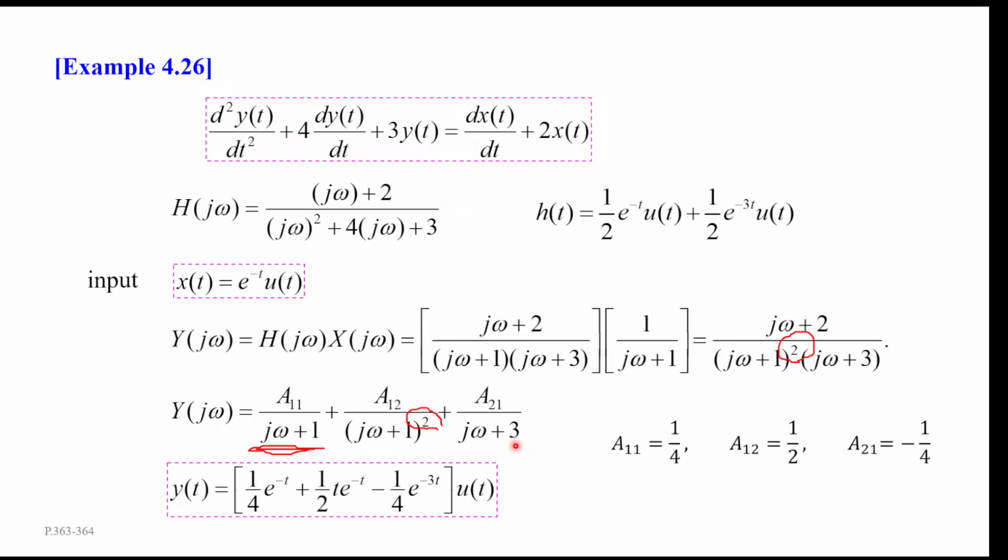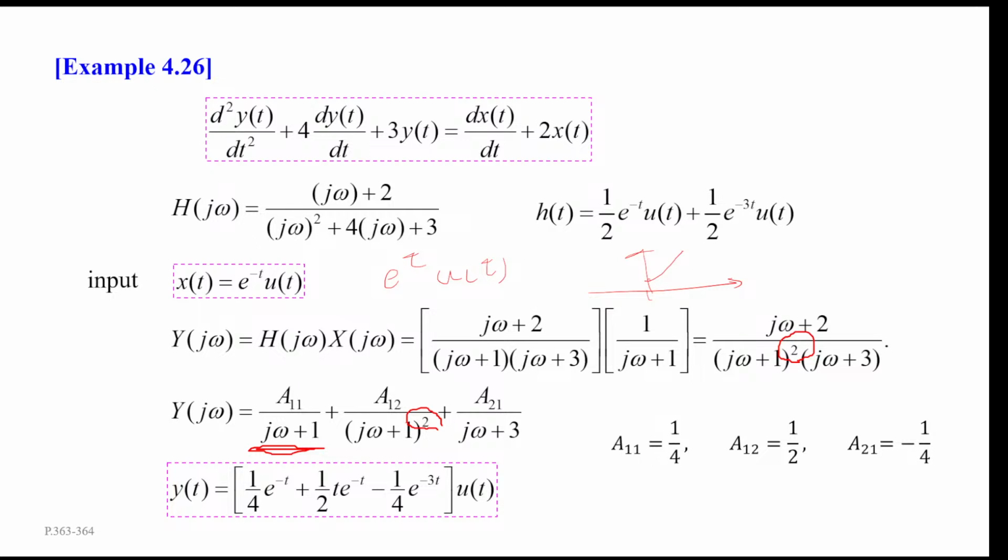Okay, and so for example, if our x of t is, say, we can put a very basic signal as input. Maybe we will want to put e to the t u of t. This is an exponentially growing signal. I want to see what happens if I have an exponentially growing signal here.